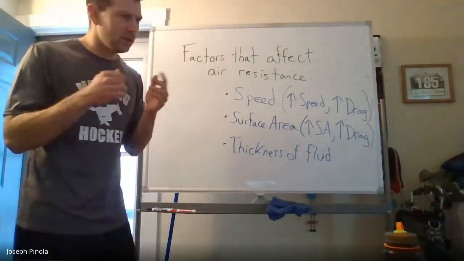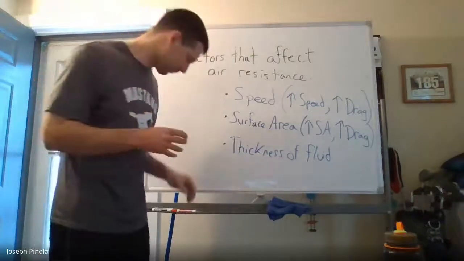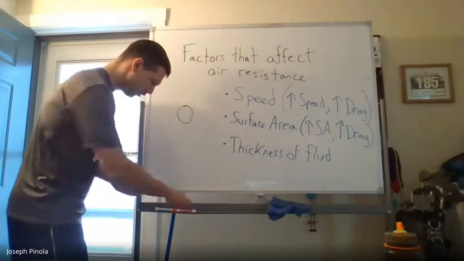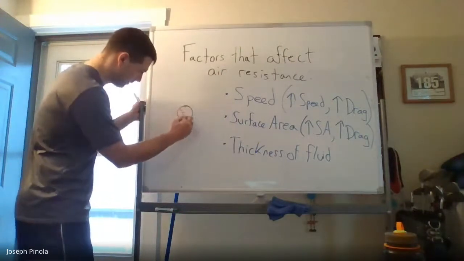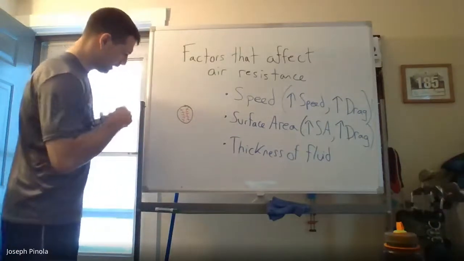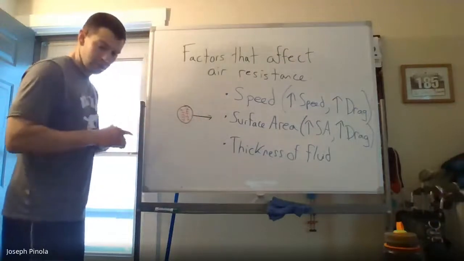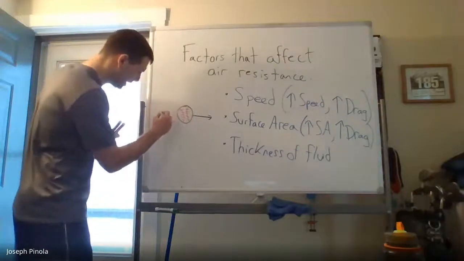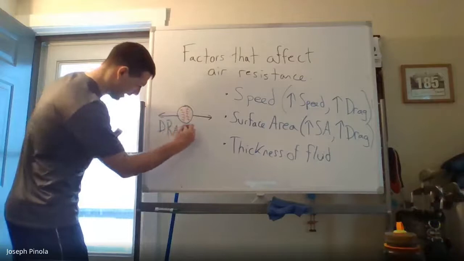And so when the Rockies play and they hit a fly ball to the outfield, that baseball, as it flies through the air, would experience air resistance or air drag. So here's my baseball. If the person hit it and it's flying through the air, there's going to be a little bit of air resistance or drag working against the baseball. I'll show that with the blue arrow and indicate that as drag.